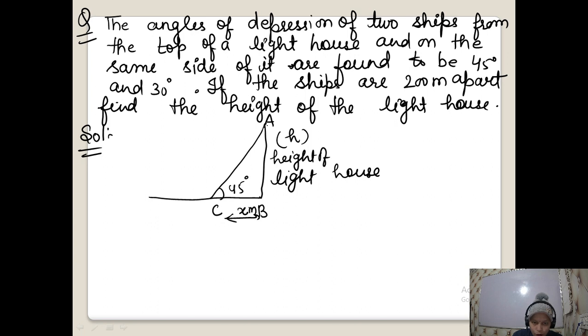Then from the top of the lighthouse it makes another angle, that is 30 degree, that is known as D, and its distance is given from the shadow of the lighthouse, which makes the first angle, that is 45 degree, to the second shadow.